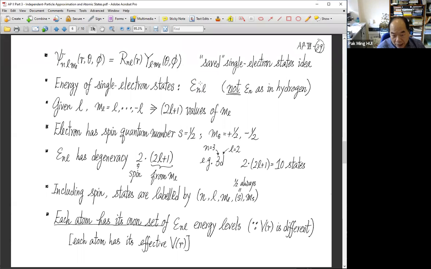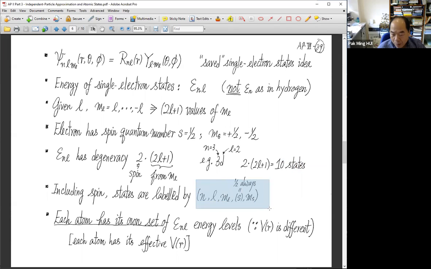And we also know that given l, there is an m_l degeneracy, spherical harmonics. And then there is still a spin degeneracy. Each state can take on spin up, down, okay? So all in all, for a P state, for example, there will be 6 states. D state, there will be 10 states, as you already know in the hydrogen atom.